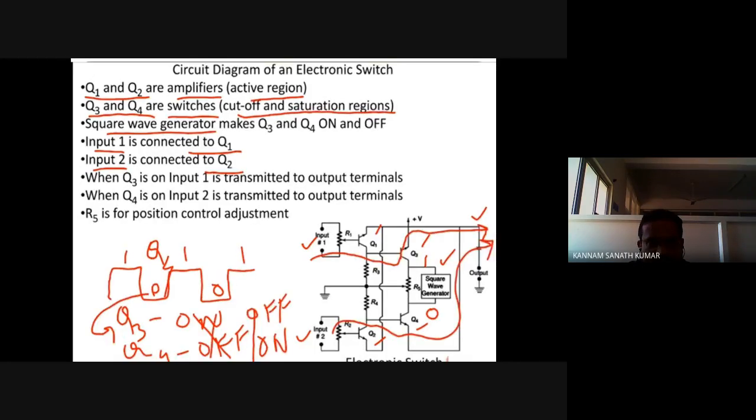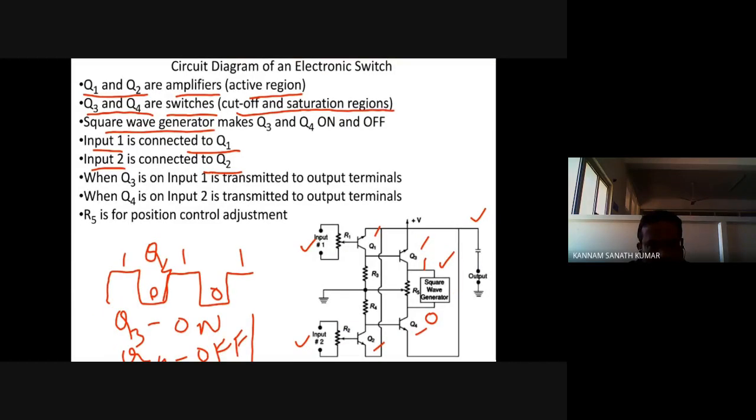So see here, when it is 1, Q3 is on and Q4 is off. This is 1 and this is 0, so the signal will be transmitted from channel 1 to the vertical amplifier.